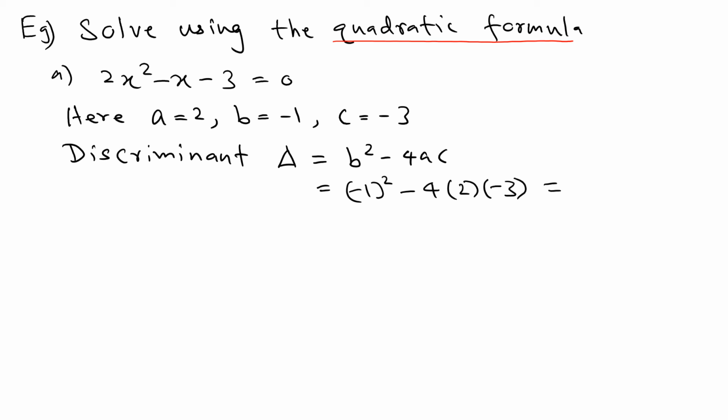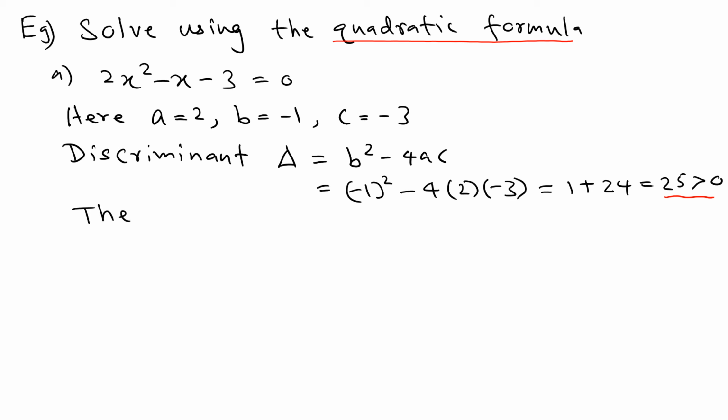If you simplify, you get 1 plus 24, which is 25. So you get 25, which is positive. That's the interesting part. Positive means there are two real distinct solutions.